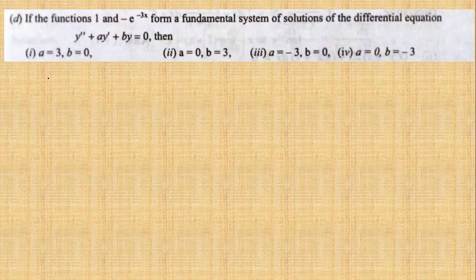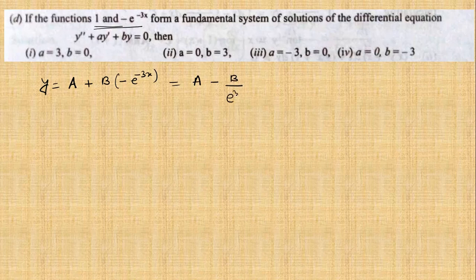Next, if the functions 1 and e to the power minus 3x are the fundamental system of solutions of the differential equation, then what is the value of a and b? So one solution is 1 and another solution is e to the power minus 3x. So you can write y equals a minus b by 3 e to the power minus 3x.